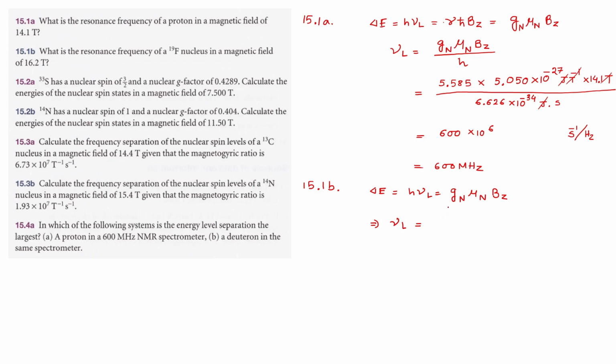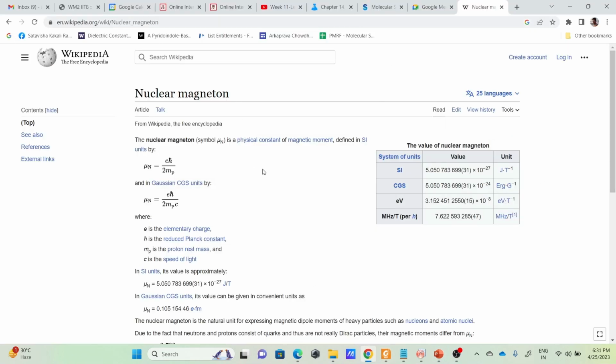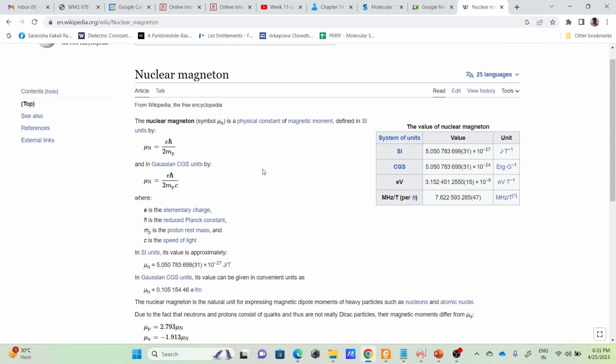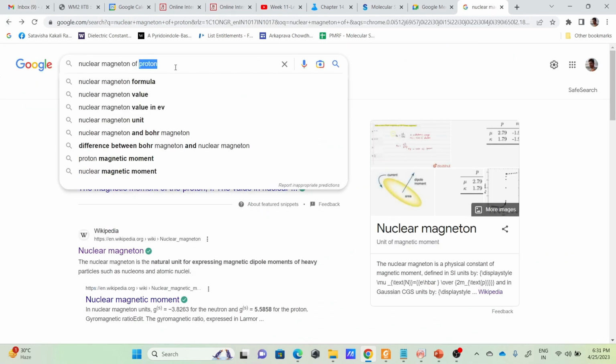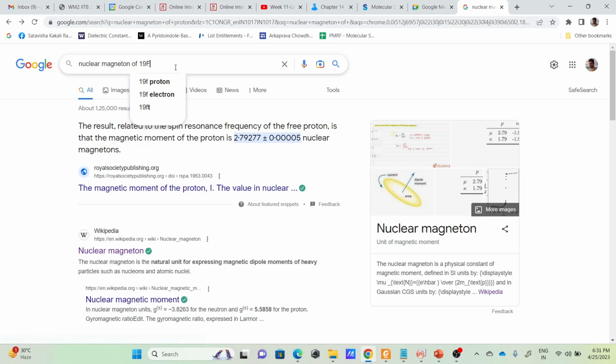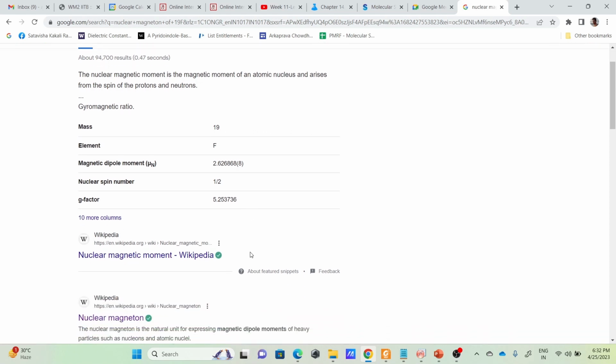We have to understand what is the G value for 19F. Let us check if that is there in the book. For 19F it is not there, so we have to search it here also. The G factor is given as 5.253. Is this it for 19F?